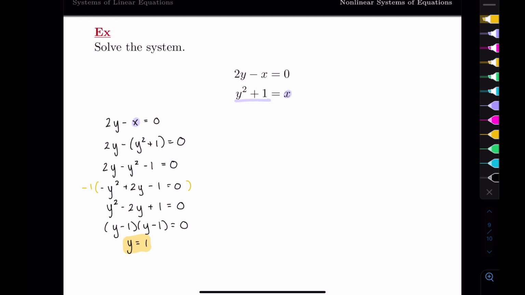But here, I now know that my y has to equal 1, right? So using our equation again, I need to find what x is equal to. So I need to plug this in, but we know x is y squared plus 1. So our x coordinate is going to equal 1 squared plus 1, which is just 2. So we get a single solution where our x is equal to 2 and our y is equal to 1.